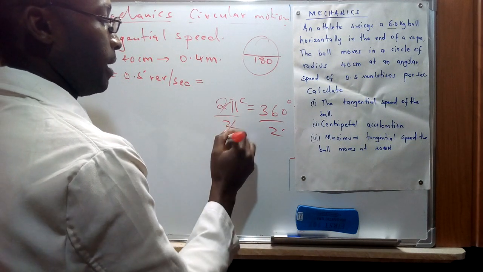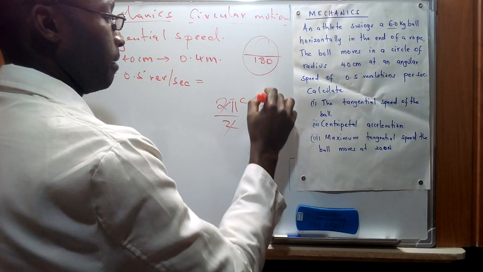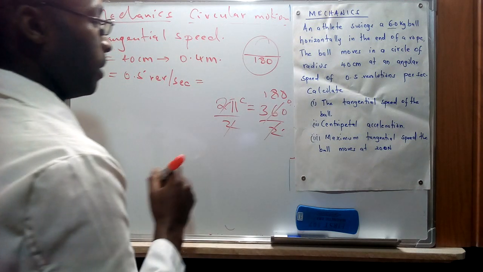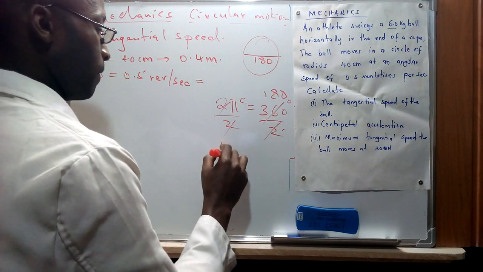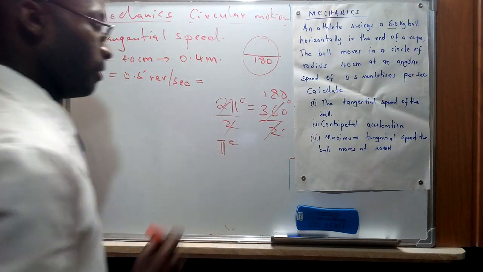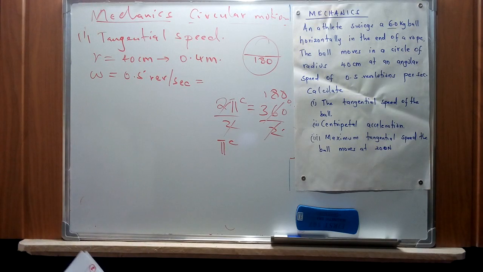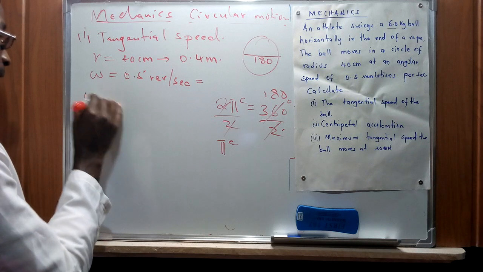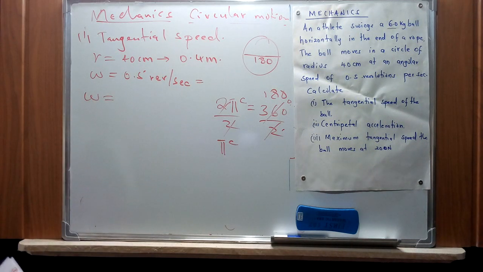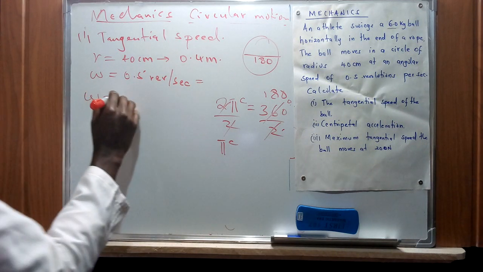So 180 degrees in radians will represent pi radians. So in that case, omega will be equivalent to pi radians per second.